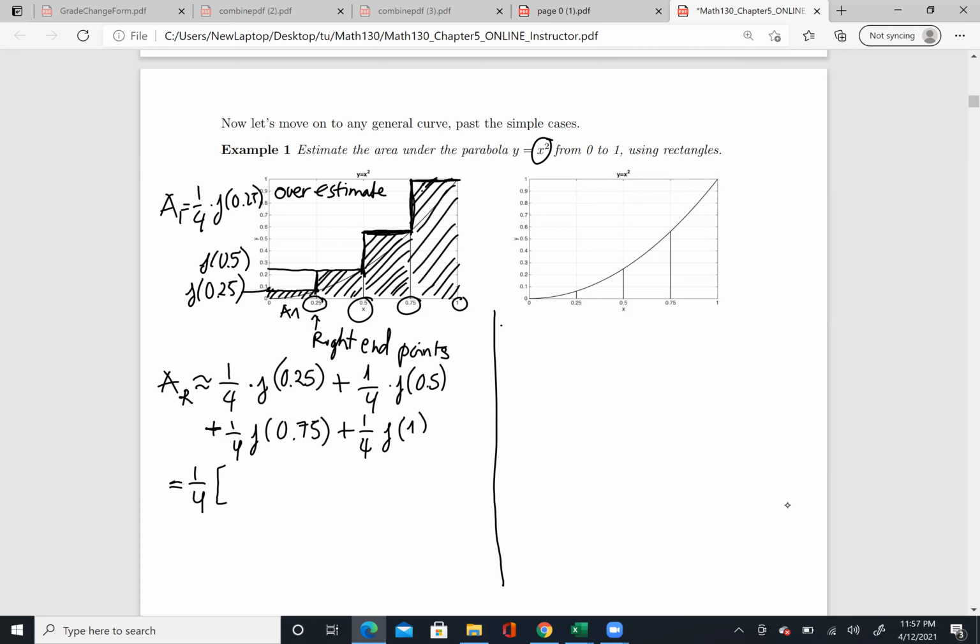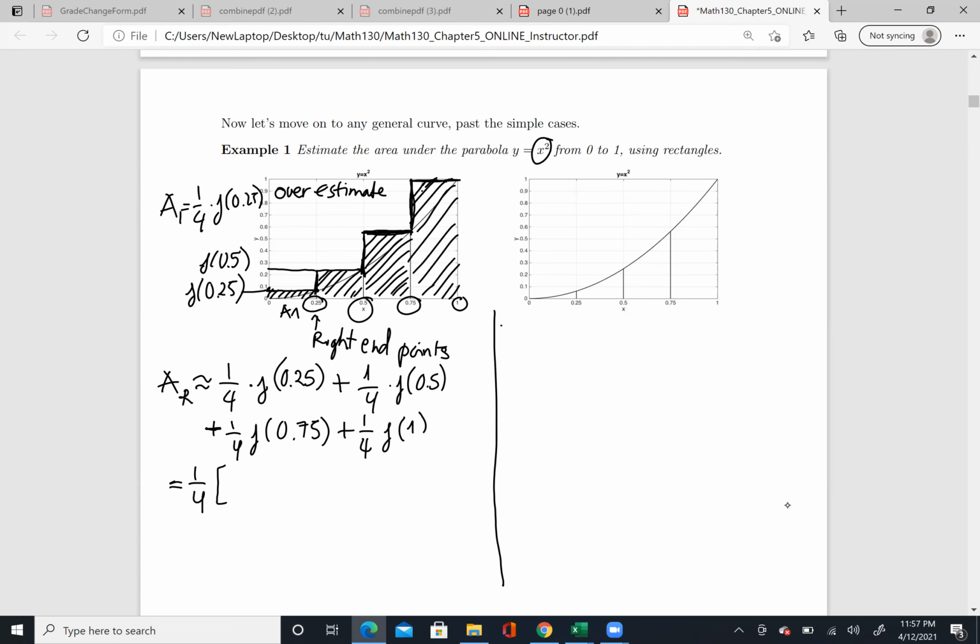So from 0 to 0.25, I use 0 first. From 0 to 0.25, I just have a line here, so the area in there is just 0.